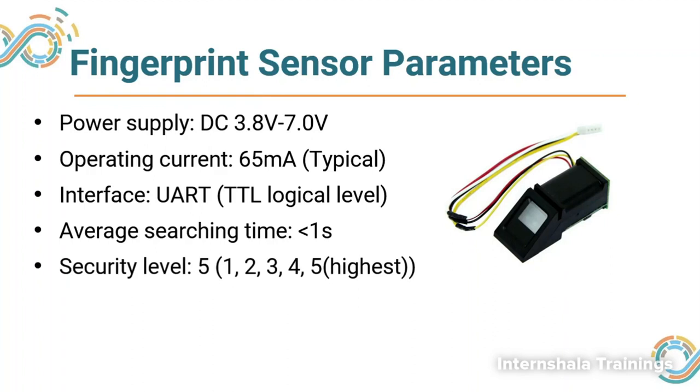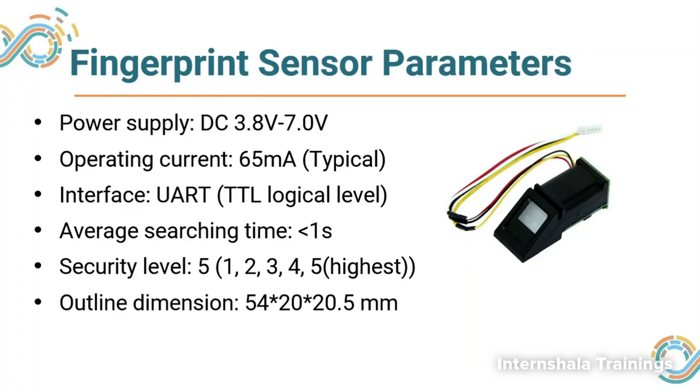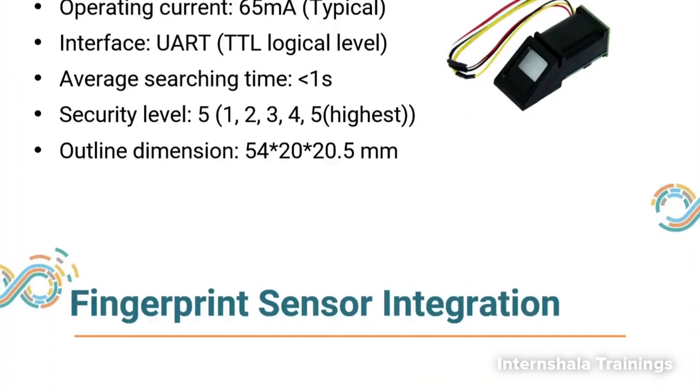Every fingerprint sensor should have a security level, so the optical one has the highest security level of 5. This sensor is around 5 centimeter long and 2 centimeter in height and breadth. That means it can be used at many places, so it is not very bulky.